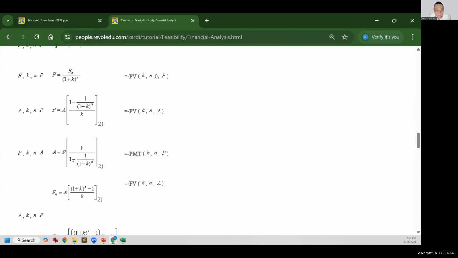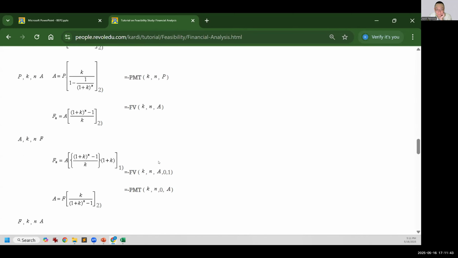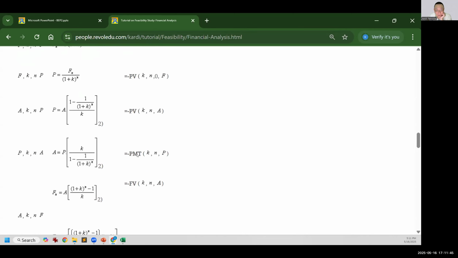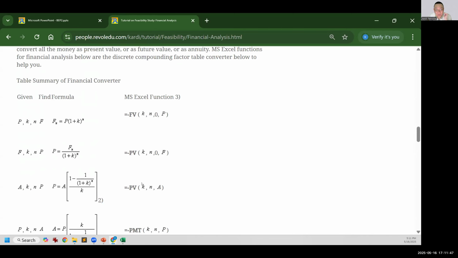Now if you want to get the payment itself, if you want to get the annuity, then you use the formula PMT in Excel. All of these Excel functions will give you a negative value. If you want to get a positive value, then you put a minus in front.